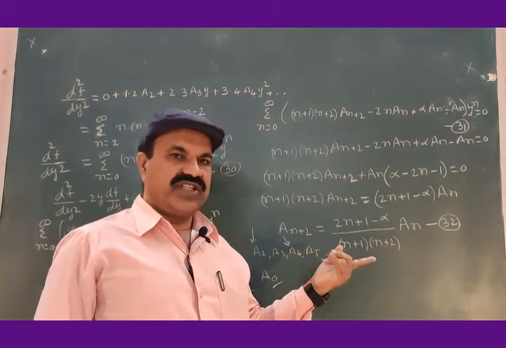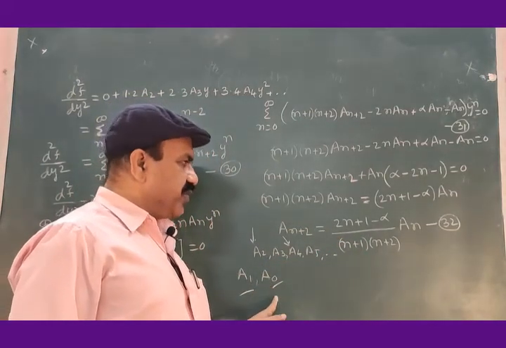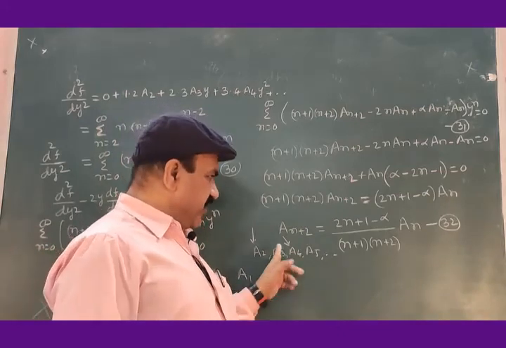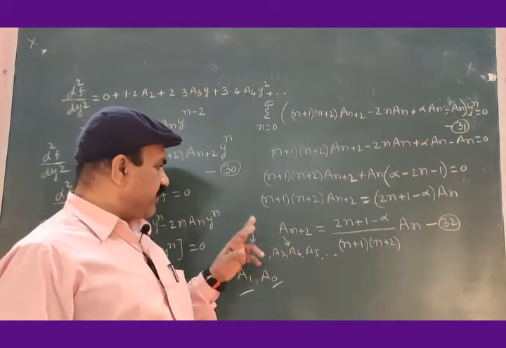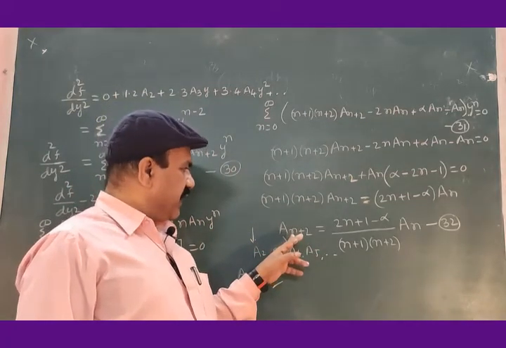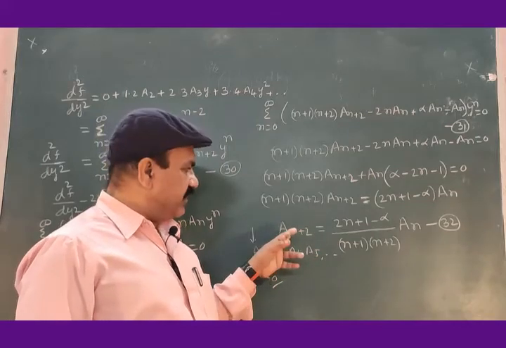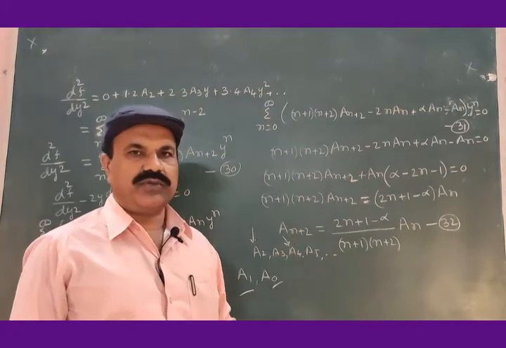If this equation is solved to get the value of a0, this a0 and this equation can further be used to get the values of a2, a4, a6 and so on.